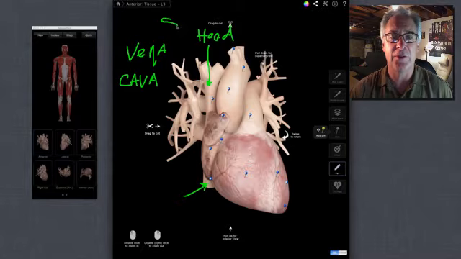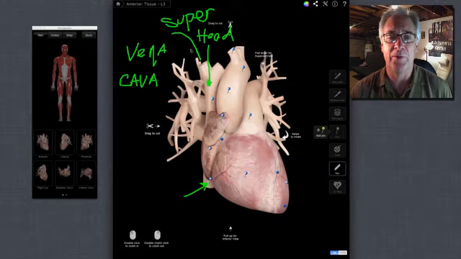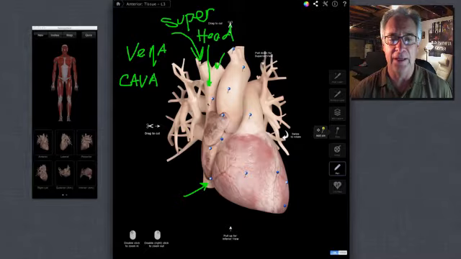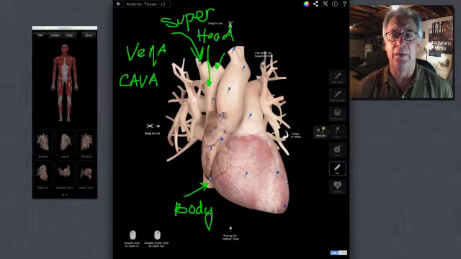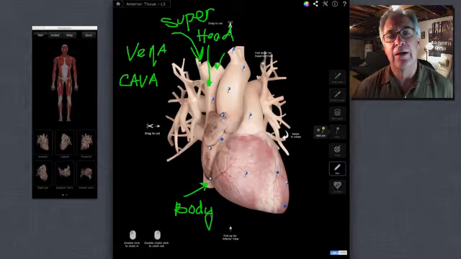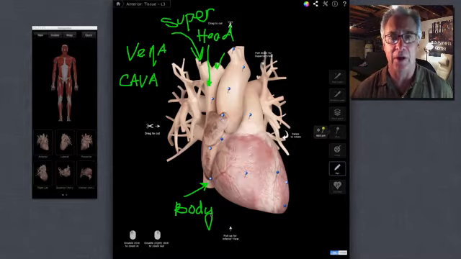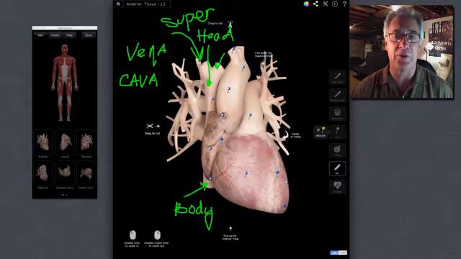So everything up here is called the superior. I'll just call it super for now. The superior vena cava is going to drain the head and the shoulders area in this direction. Whereas over here in the body, everything basically below the shoulders, all the way to your toes, that blood that's oxygen deprived, or oxygen poor, will travel up the body through what's called the inferior vena cava.